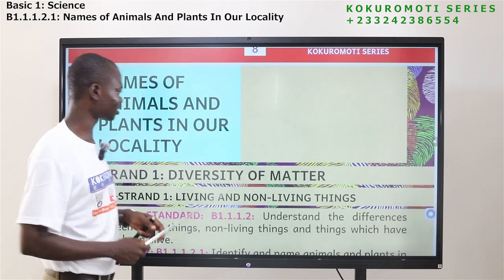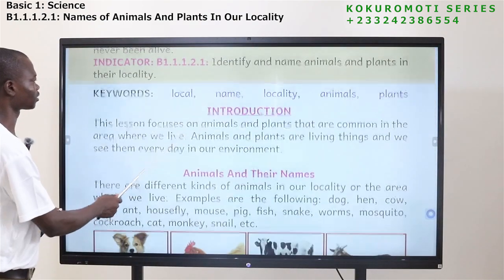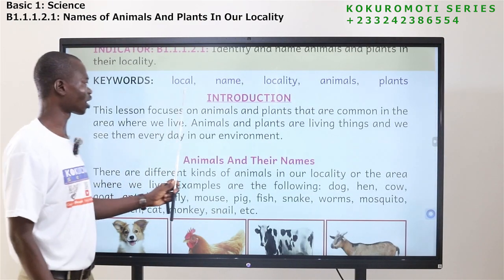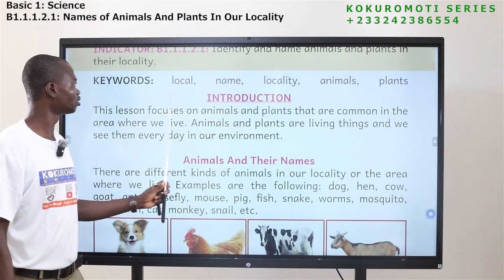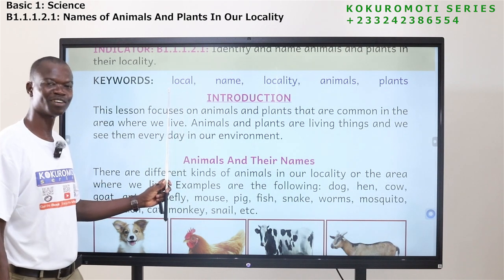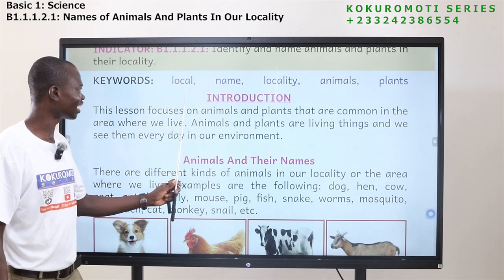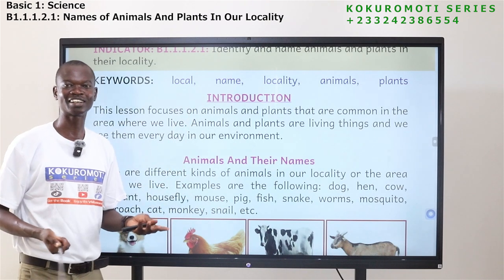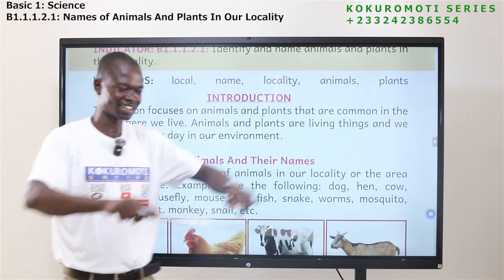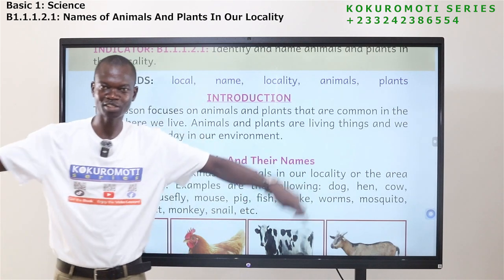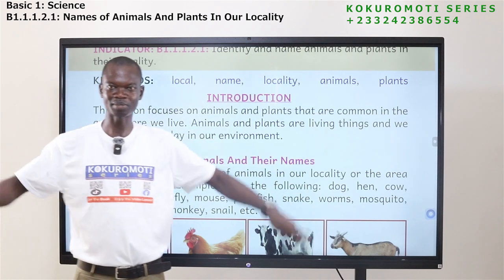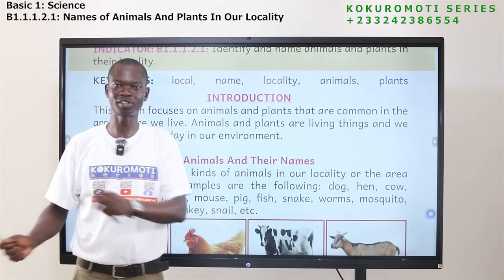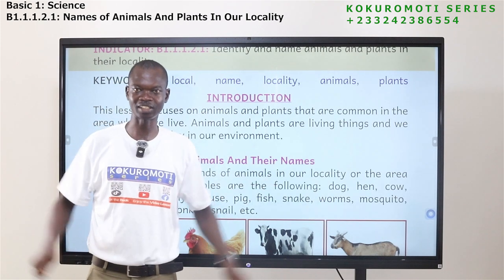So now let's pay attention and look at the keywords. The first one is local. All of you, local. Again, local. So what is the meaning of local? Local is all about people in a particular area, or it is restricted to an area.